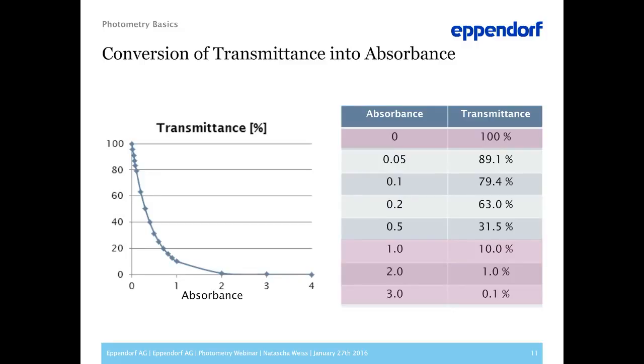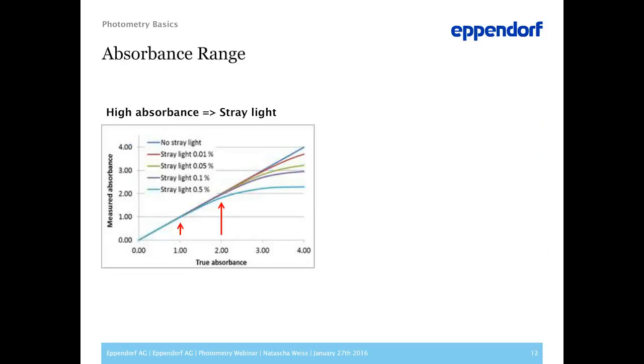So this leads to the question, why the absorbance range is reasonable in photometry. There is a linear dependency between absorbance and concentration, but this linearity is limited by chemical and instrumental factors.